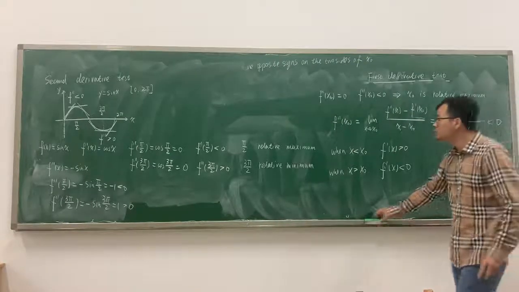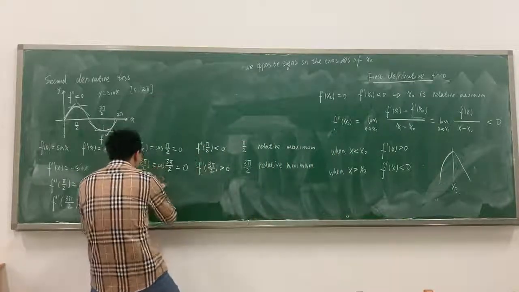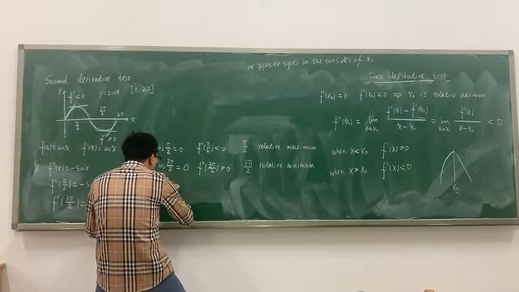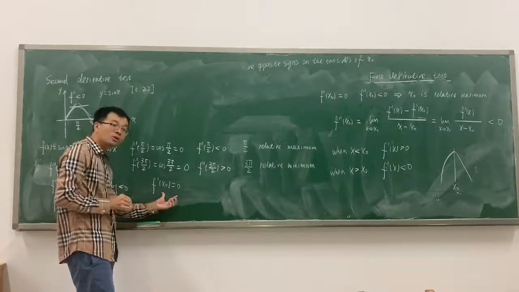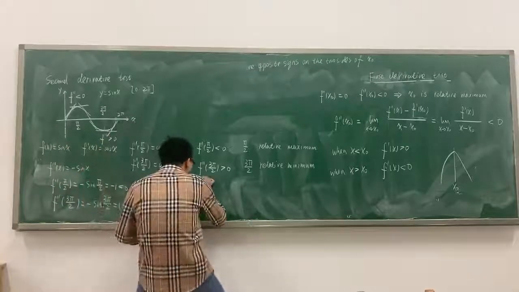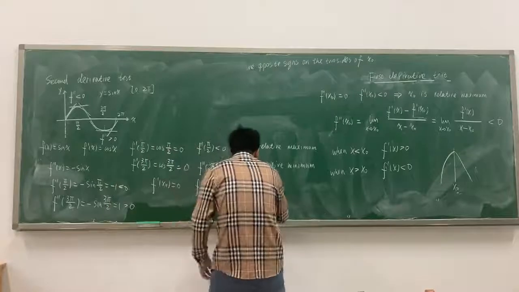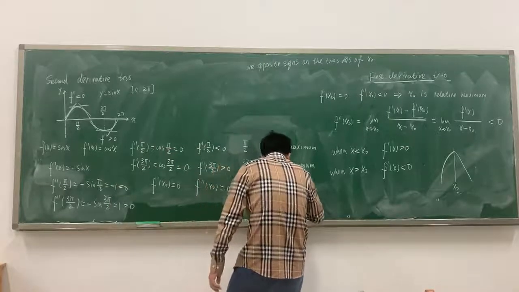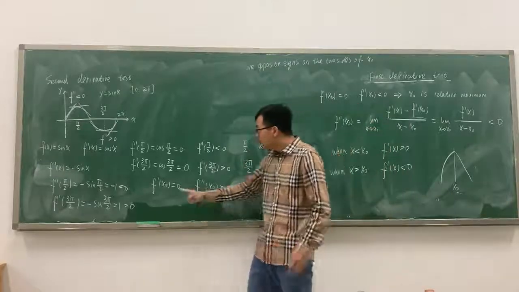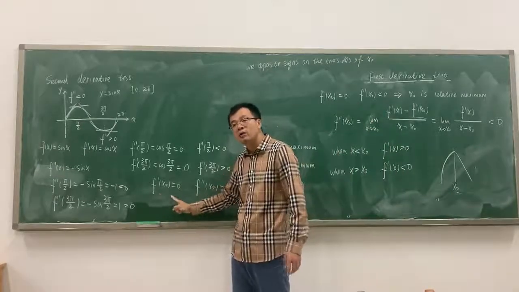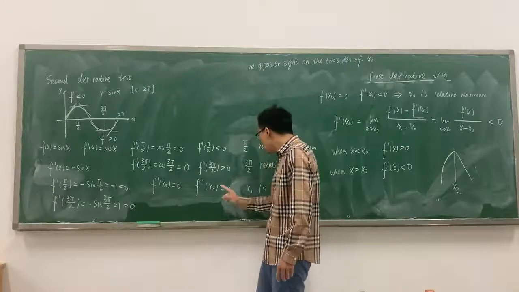Now we have a question. What if f prime x0 equals 0 and f double prime x0 is also 0? If the first order derivative equals 0 and the second derivative is also equal to 0, what is x0?